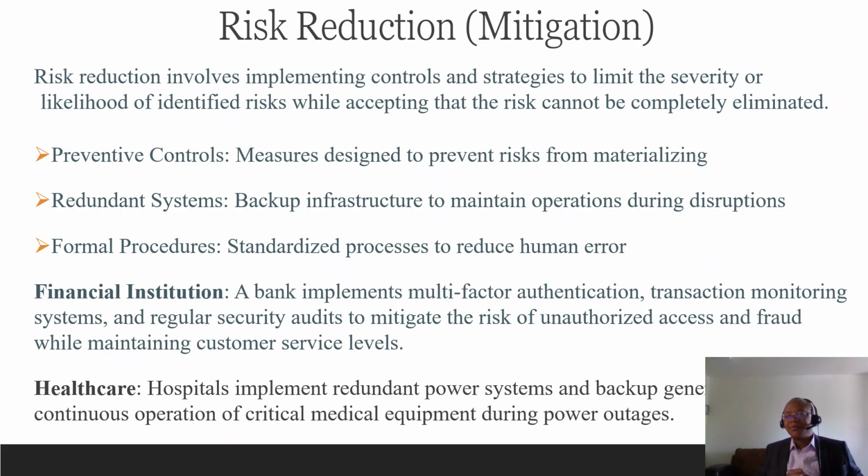Healthcare: hospitals implement redundant power systems and backup generators to ensure continuous operation of critical medical equipment during power outages. Sometimes during the winter months, when there's a severe storm, power outages are usually experienced in North America. But by investing in backup generators and systems, operations continue unhindered during such disruptions.